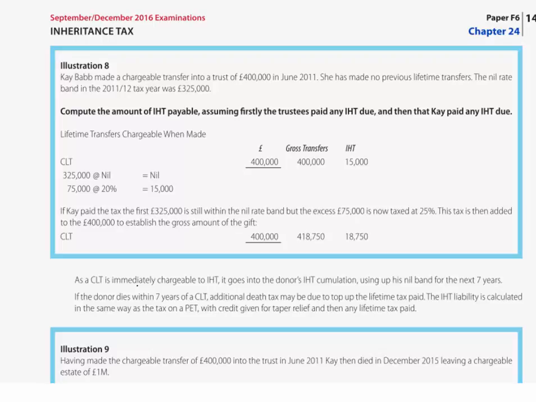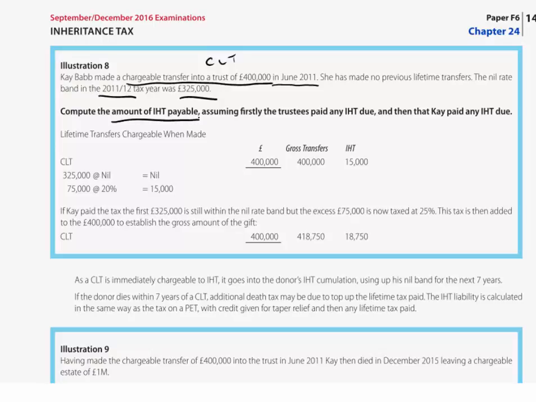But it's my example. K-Bab made a chargeable transfer into trust of £400,000 in June 2011. Transfer into trust, that is a CLT. She has made no previous lifetime transfers, and the nil rate band in 2011-12, well, we know this, was the still relevant £325,000 worth of nil rate band.